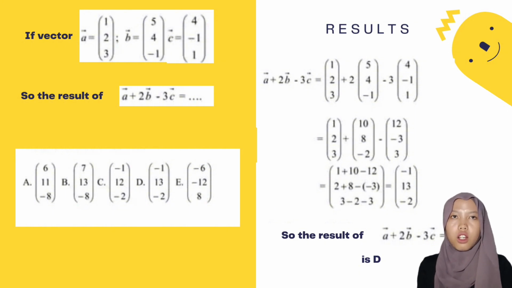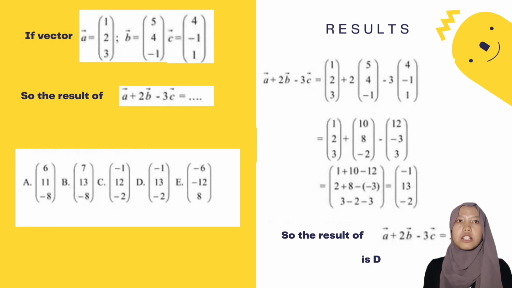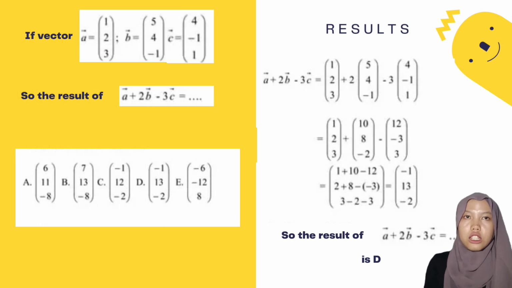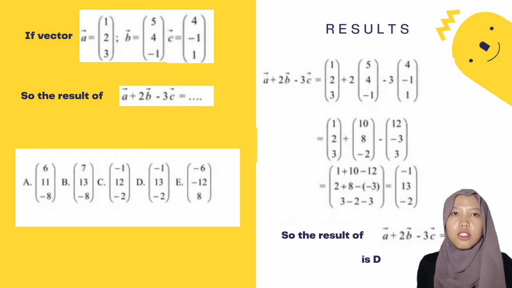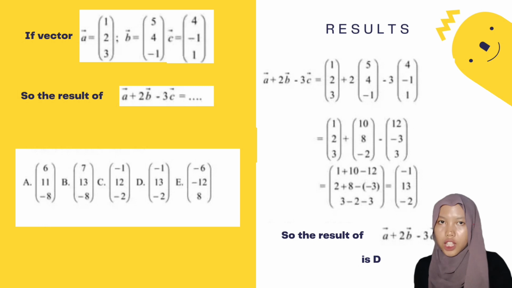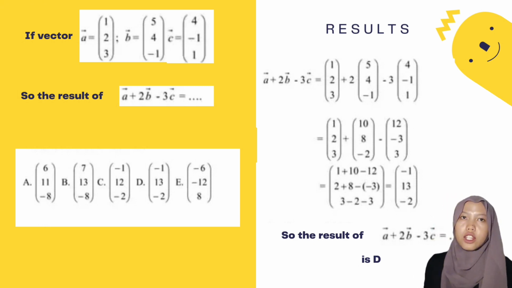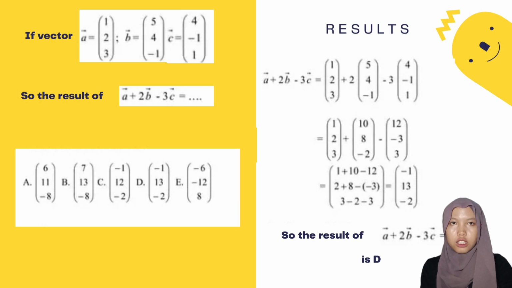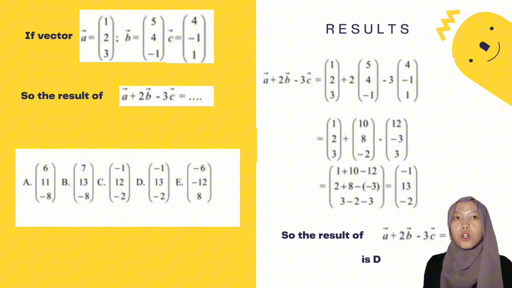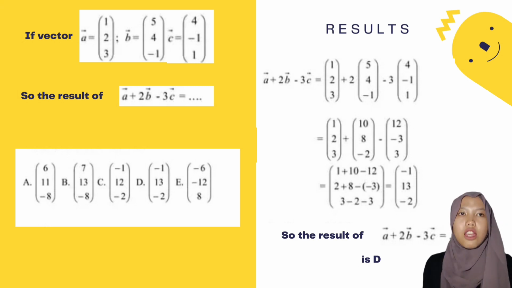So the result of vector a plus 2 vector b minus 3 vector c is: a (6, 11, -8), b (7, 13, -8), c (-1, 12, -2), d (-1, 13, -2), and e is (-6, -12, 8).